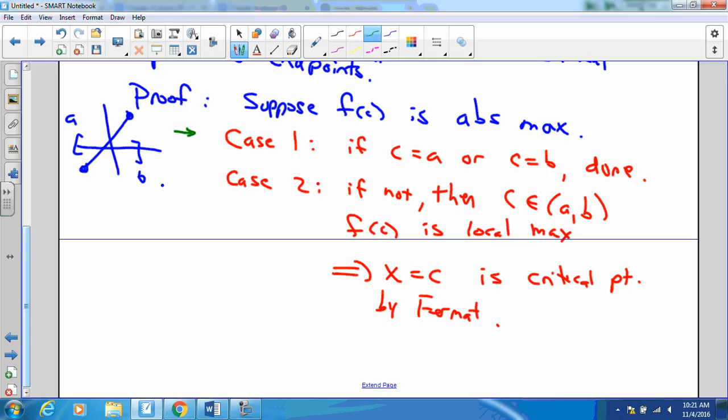If C does happen to be an endpoint, that was one of the conclusions I was hoping for, and so I had nothing else to prove. And if C is not an actual endpoint, then I can go on and worry about that other case. Does that make sense? So I'm not assuming what I'm trying to prove. I'm taking a state of reality: either C is an endpoint or else it's not.